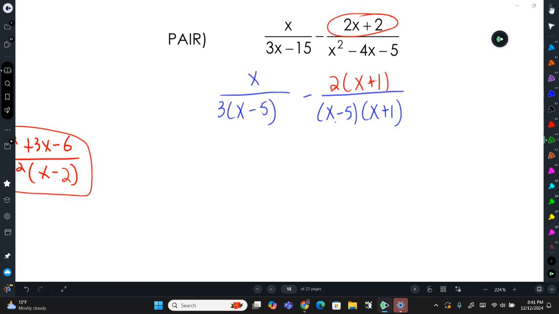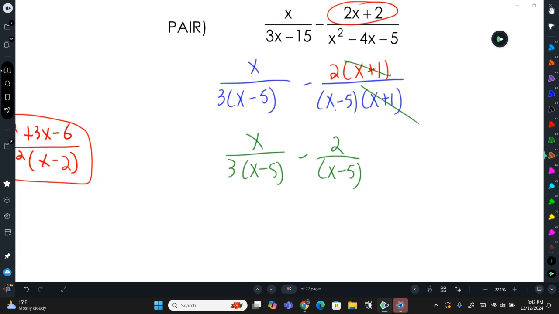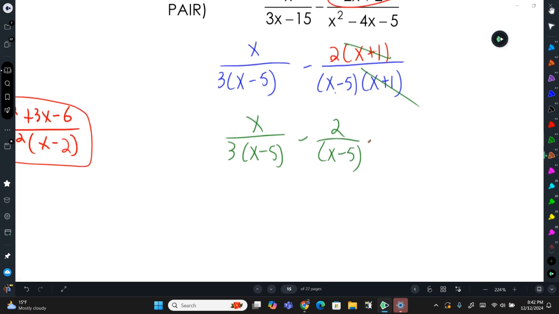Well, because we have in this fraction an x plus 1 on the top and bottom, I can cancel that. That is going to make this problem significantly easier because now I have x over 3 times x minus 5 minus 2 over x minus 5. And the only thing I have to do is multiply the second fraction by 3 over 3 because they both already have an x minus 5 factor in the denominator.